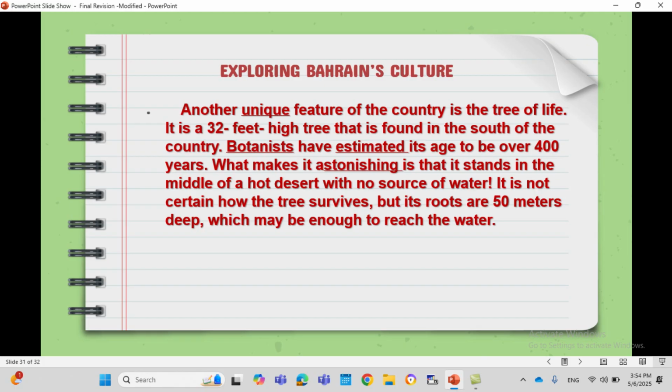That's why it's a distinctive symbol. It is not certain how the tree survives, but its roots are 50 meters deep, which may be enough to reach the water. So this is the second symbol in our country, which is the tree of life.